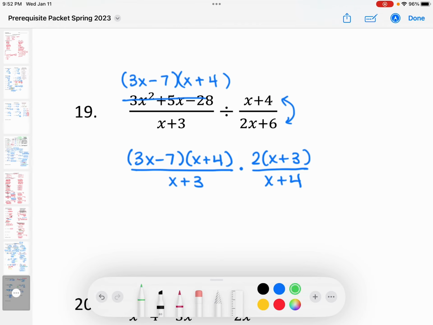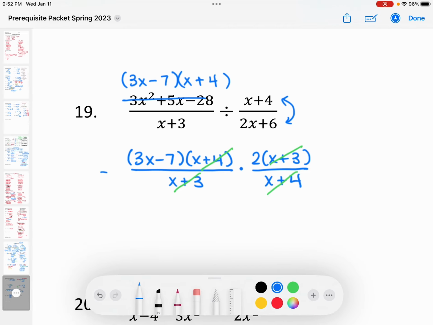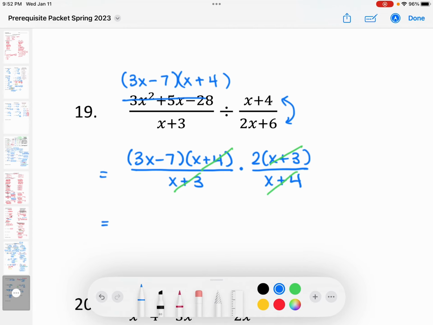Division. Multiply by the reciprocal. We got some cancellation. So good. And so it looks like all we have left is the 2 and the 3x minus 7 on the top. Nothing on the bottom. I could put this over 1, but whatever. I kind of want to distribute that to 6x minus 14. Sounds good to me.